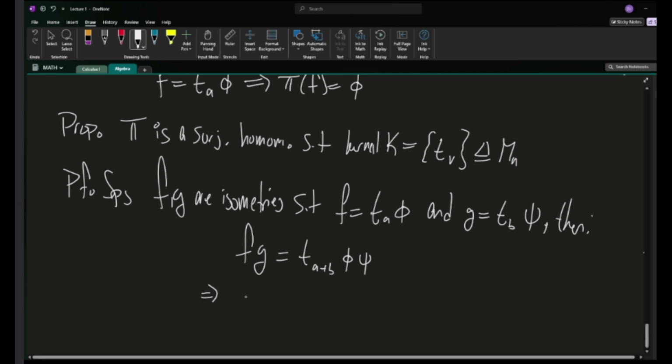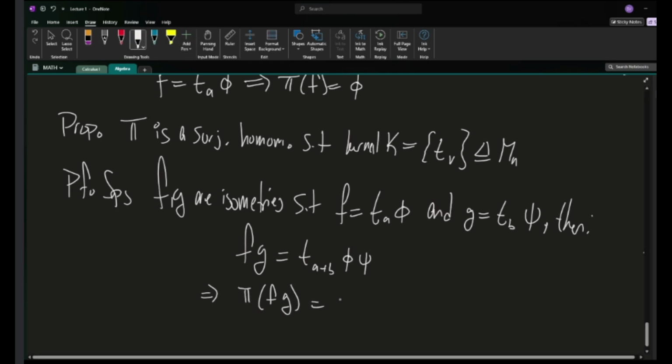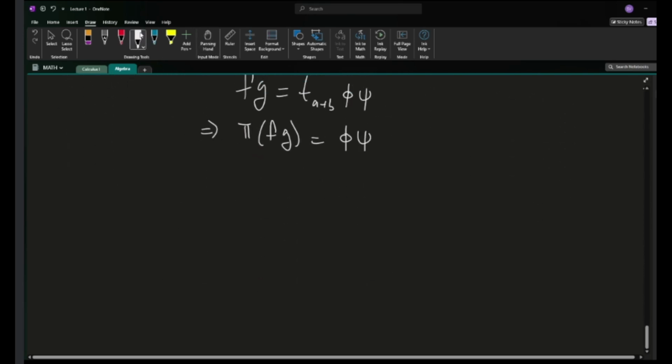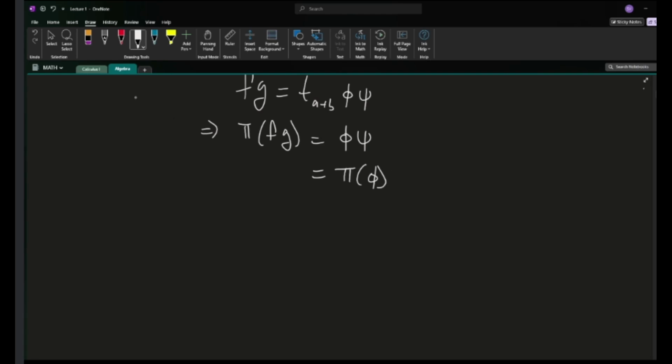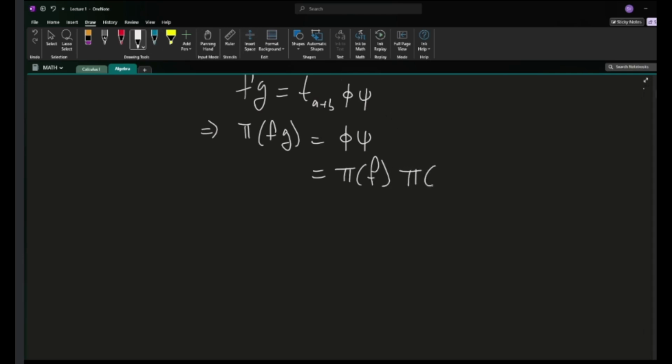Then pi of FG is equal to phi and psi, which, funny enough, comes out to be a homomorphism, pi of f times pi of g.